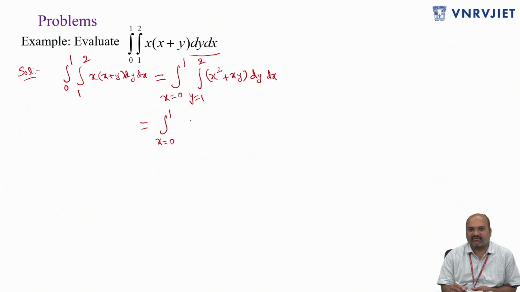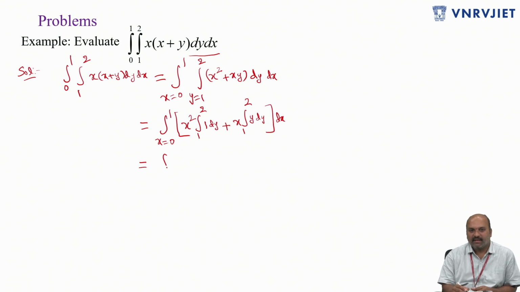So first x square, x square is constant. So integral 1 to 2, 1 into dy, correct? Since x square is constant, it can be written outside of the inner integral. Next plus, here x is also constant, so we write it outside, and the inner integral limit 1 to 2 is y into dy into dx.